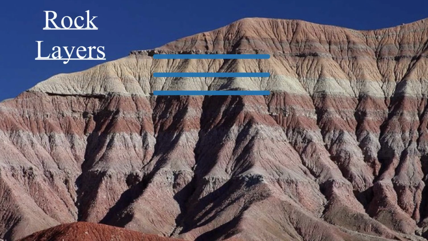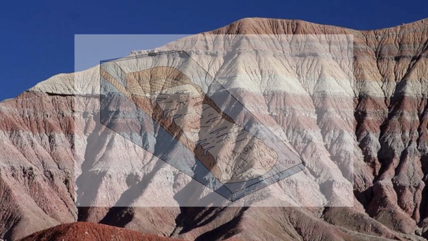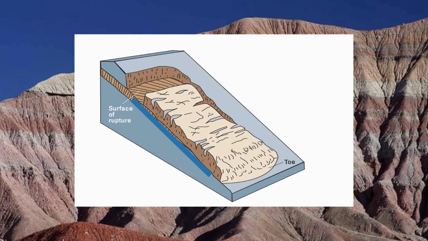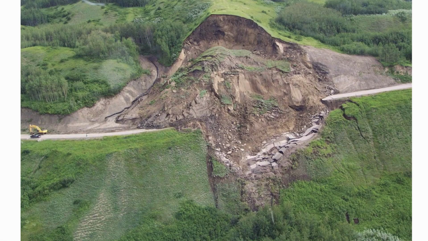And because layers are made up of different rock compositions, some are weaker than others. This weak layer is the place and plane where sliding occurs when something disturbs the layers above. For example, if you have a steep slope and get a lot of heavy rain, that rain can lower the amount of friction on the weakest layer and let gravity take over. Bam, you have a landslide.